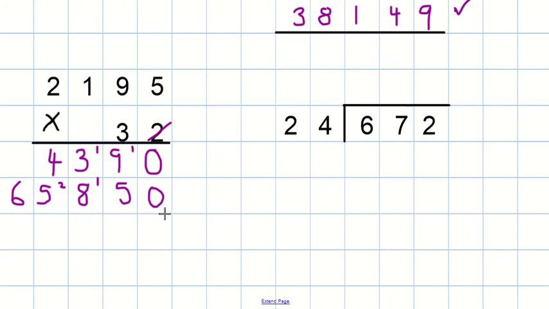Okay, so our final step then is to add together these two totals. So we've got 0 and 0, which is, that's right, 0. 9 add 5 is, that's right, 14. I'm going to do 8 and 1, which is 9. Add 3 is 12.